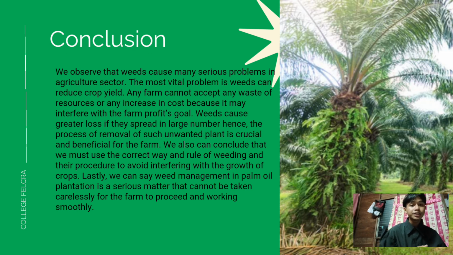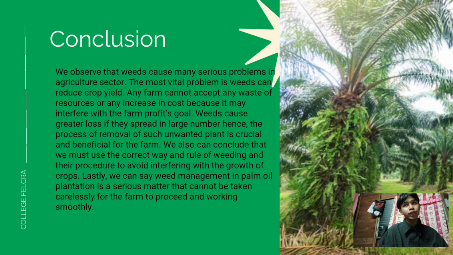Hence, the process of removing such unwanted plants is crucial and beneficial for the farm. We can also conclude that we must use the correct way and rules of weeding and their procedure to avoid interfering with the growth of the crop.